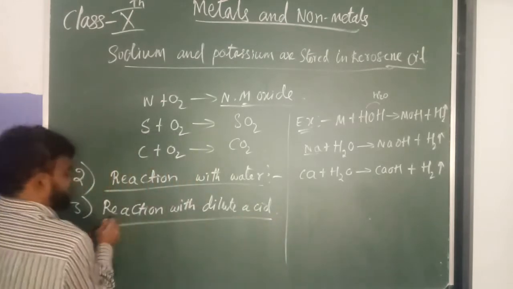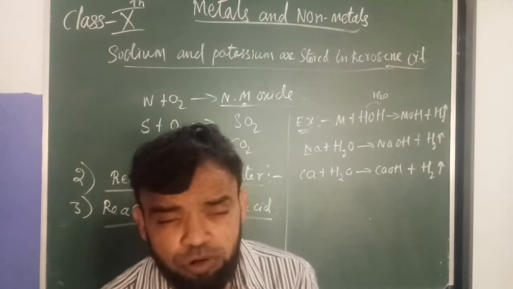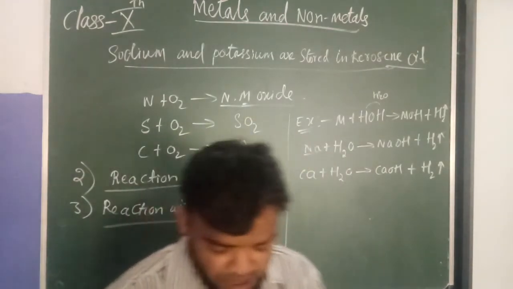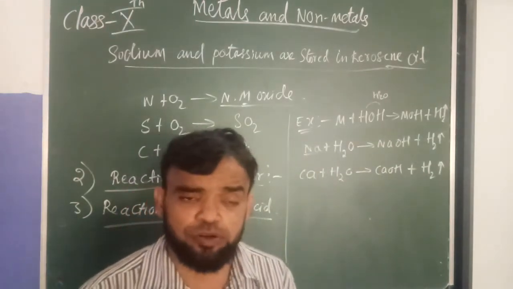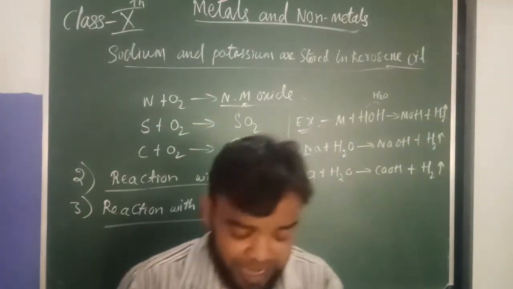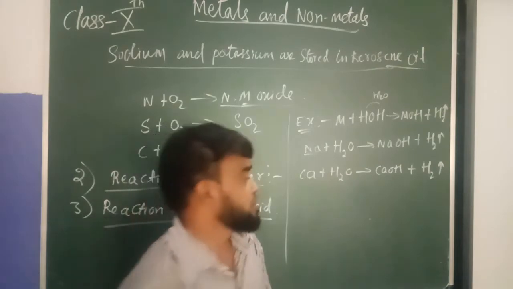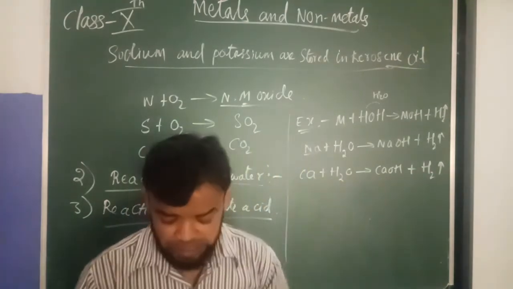In a dilute acid there is more water, the maximum quantity will be water. Remember this. Metals react with acids to form the respective salt and hydrogen. What will it form? Salt plus hydrogen gas is released. Similarly, like that, this is also salt and this is the hydrogen gas that will be released.